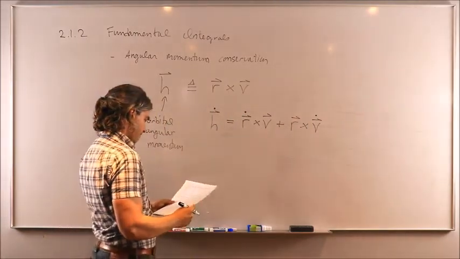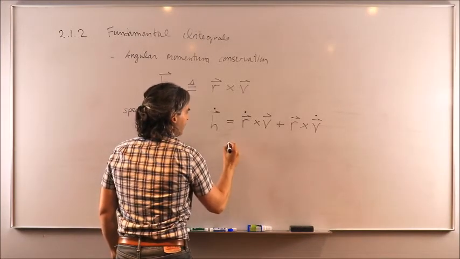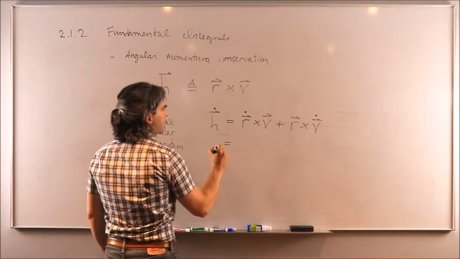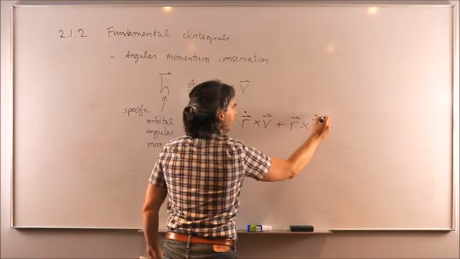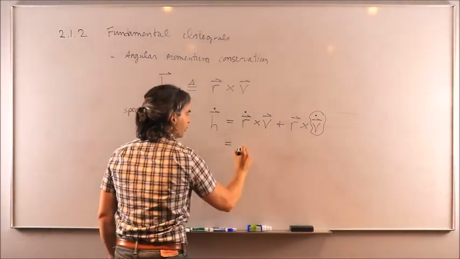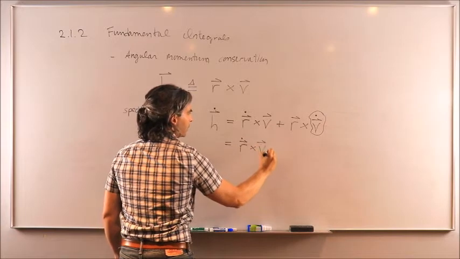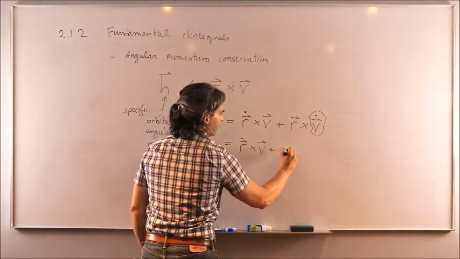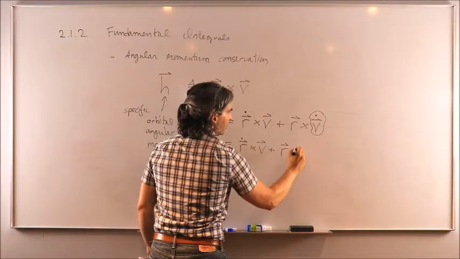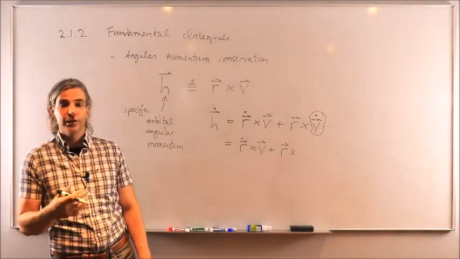Okay? So next, I'm going to focus my attention on that one, let's say, to begin with. So I'm just going to write the first term as it is, r dot cross v plus position cross. What is v derivative, inertial derivative of my velocity vector?